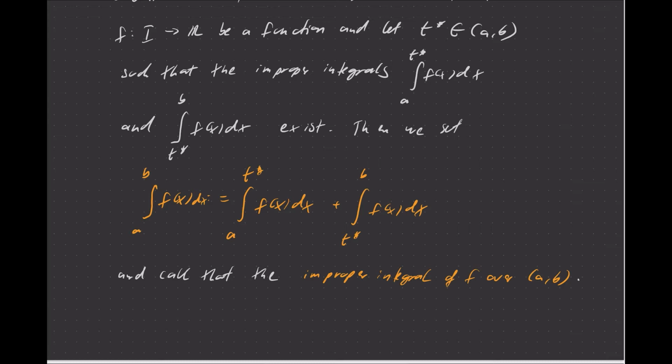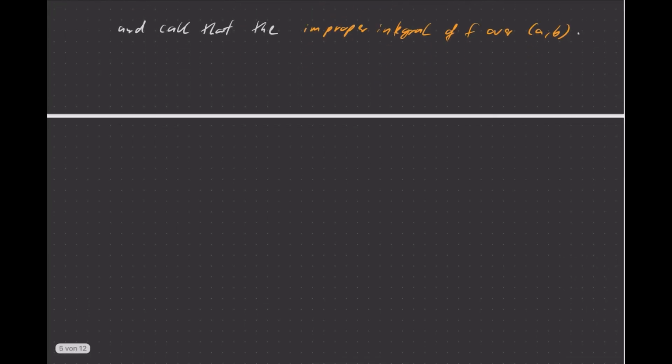Now, as I said, actually computing these is a lot simpler in many cases than writing down the definition. So let's have a look at an example here. So here's part A. We want to compute the integral from 0 to infinity of e to the minus 2x dx.